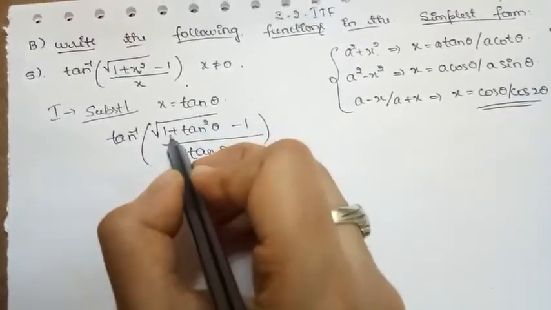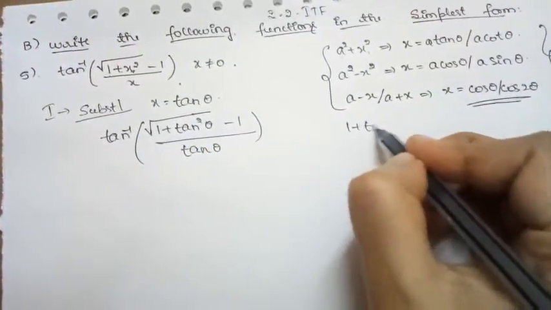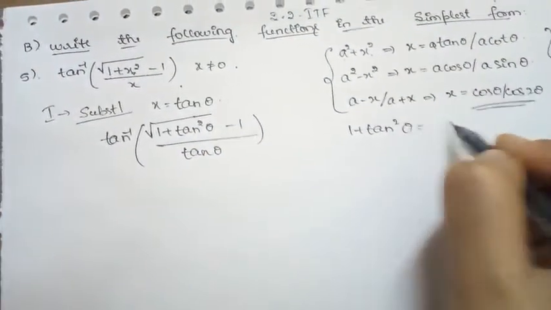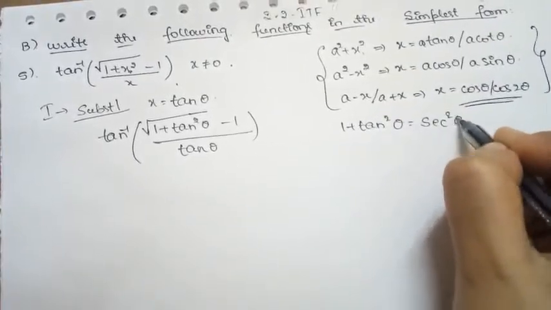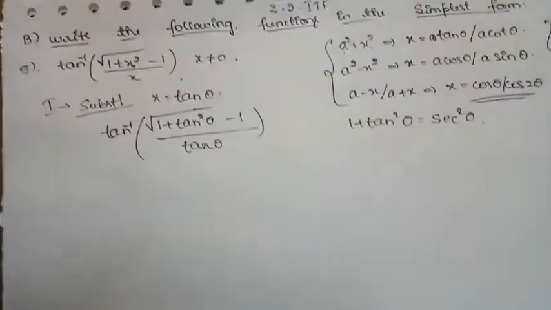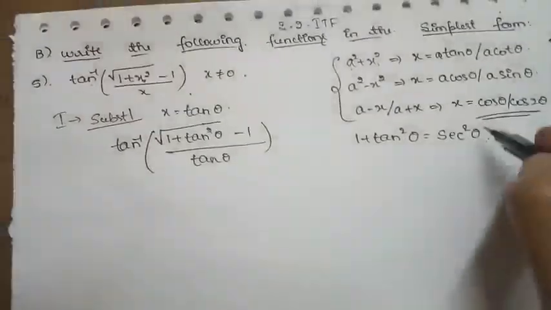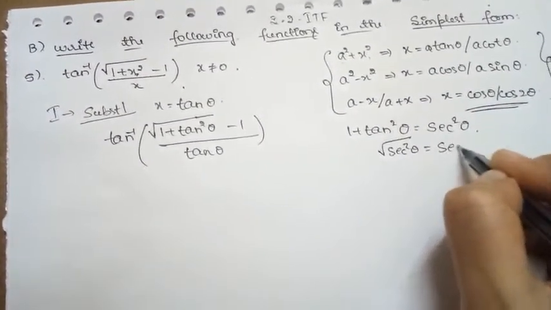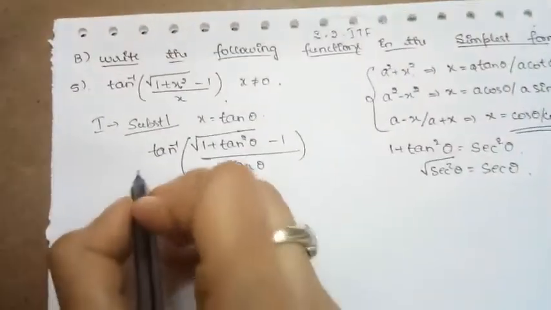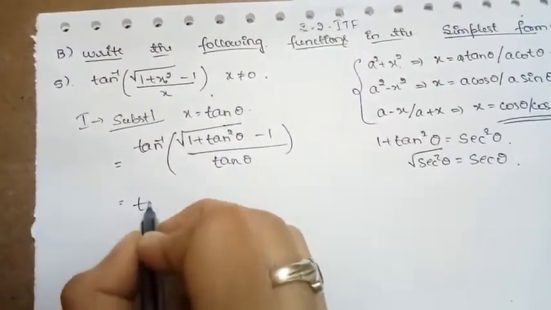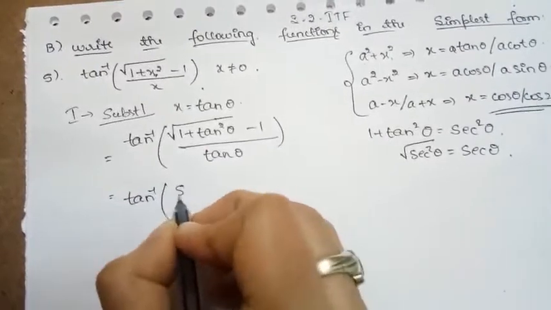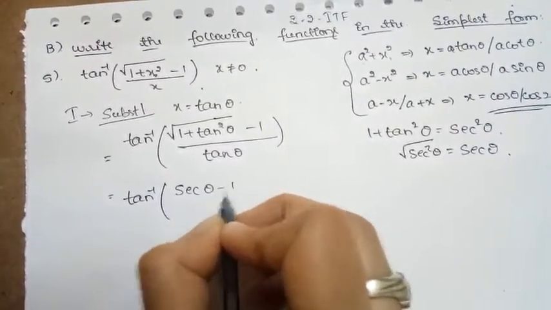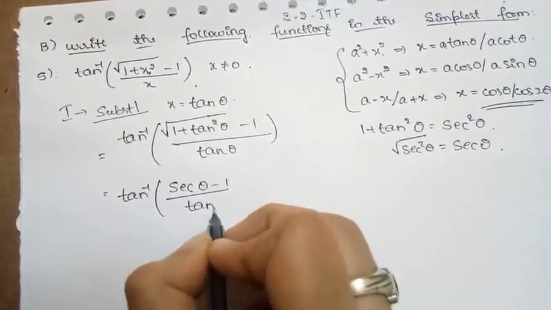We know the identity that 1 plus tan square theta is nothing but secant square theta. So the square root of secant square theta is secant theta. Now we have tan inverse of (secant theta minus 1) divided by tan theta.